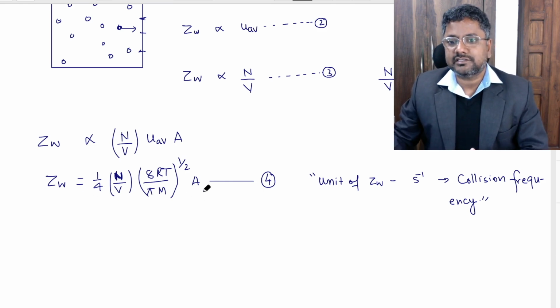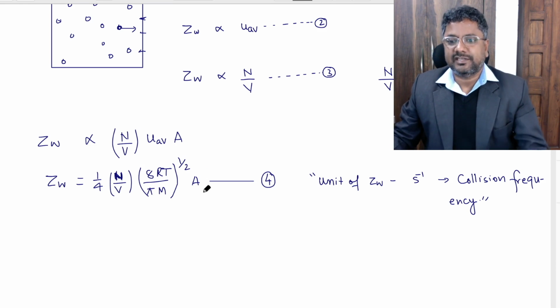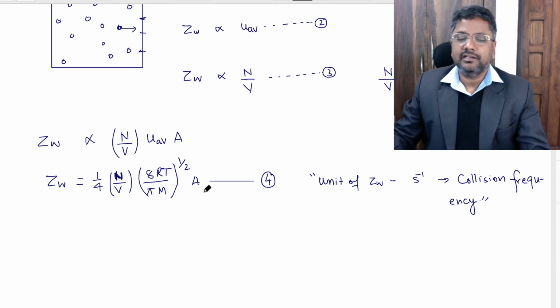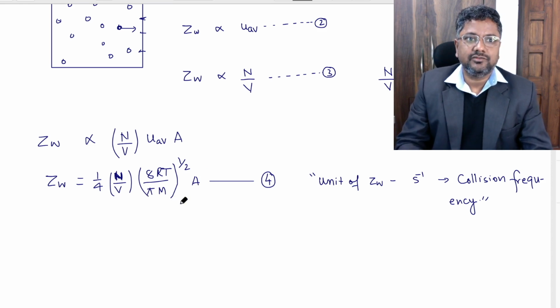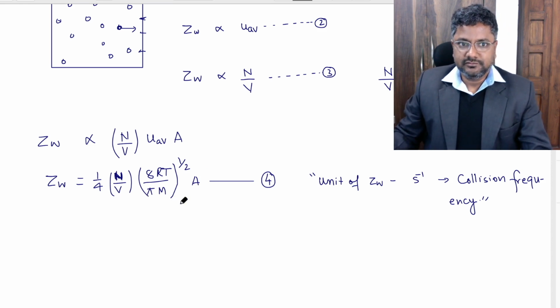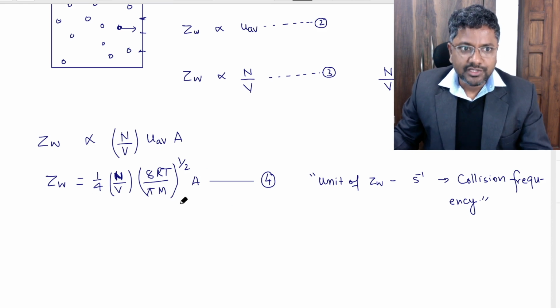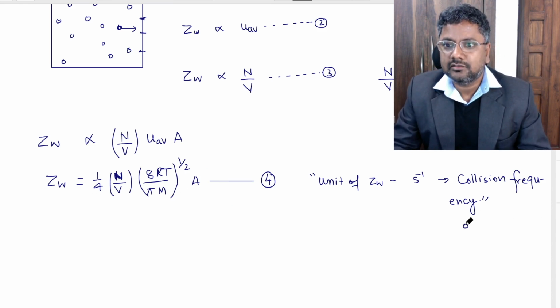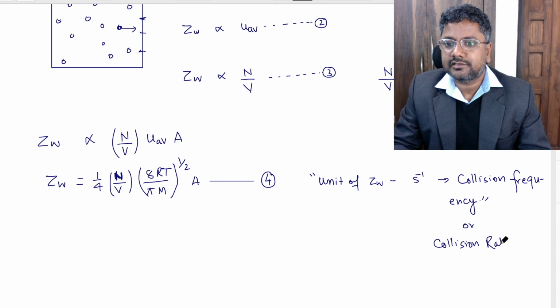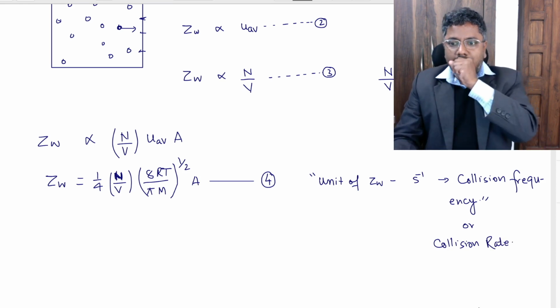A is the surface area, which is specified. So by using this equation you can calculate the collision frequency or collision rate.